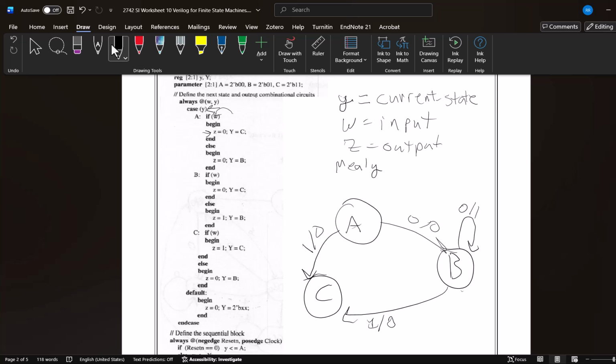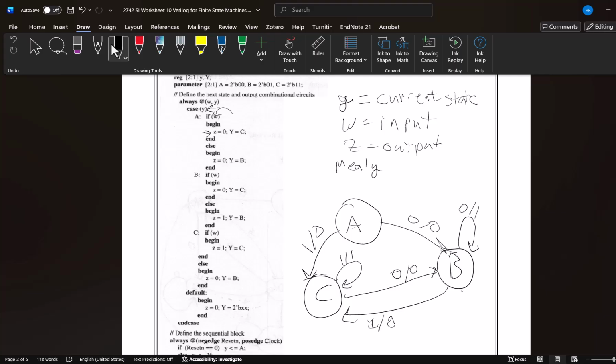And from C, if W is 1, our next state is C, and our output is 1. And if W is 0, our next state is B, and our output is 0.